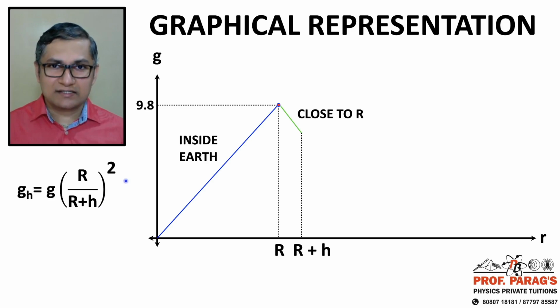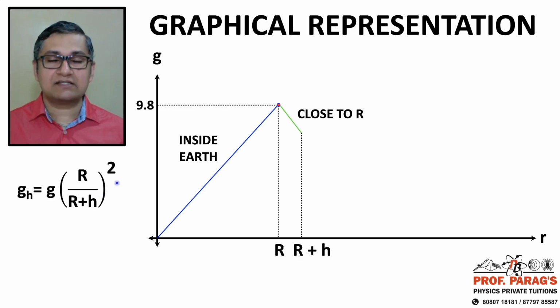So it is inversely proportional to the square of the distance. If it's inverse, it's going to reduce: as the h value increases, the gh value will decrease. That's what inverse relationship means. And square means it's not going to be a straight line anymore.